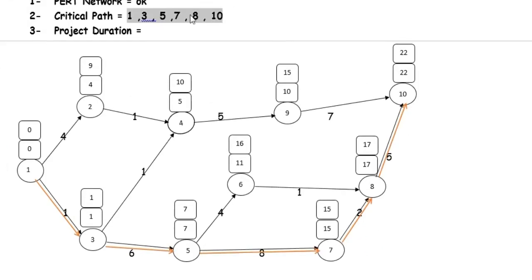The critical path is equal to 1, 3, 5, 7, 8 and 10. Project duration is equal to 1 plus 6 plus 8 plus 2 plus 5, which is 22 weeks.